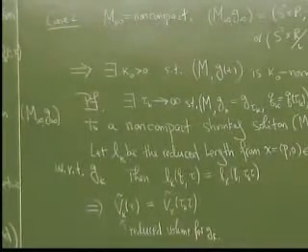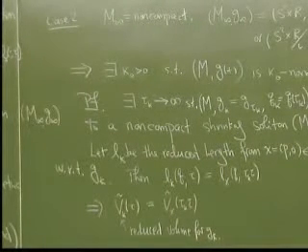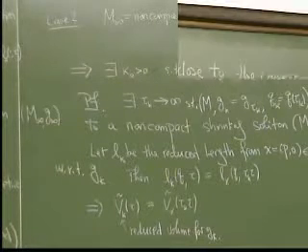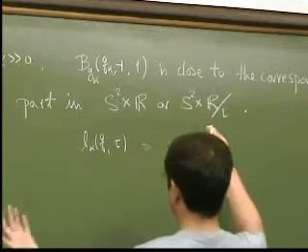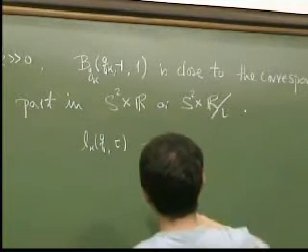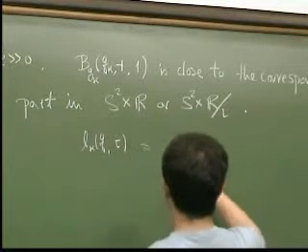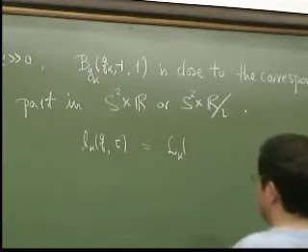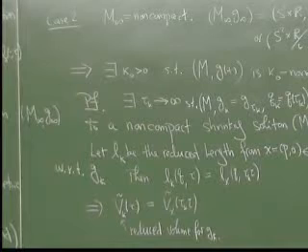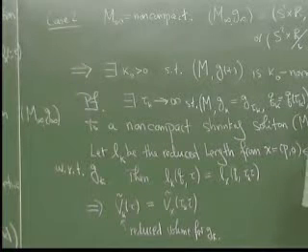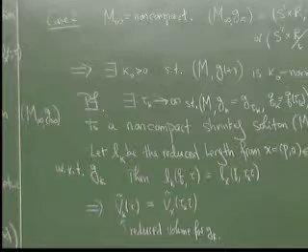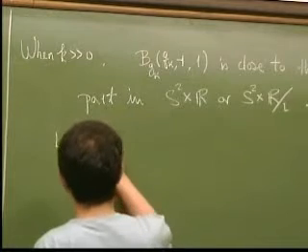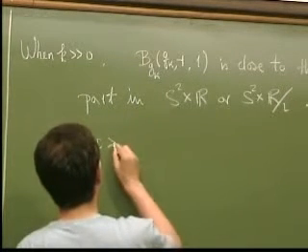So L_k, say if a Q of a tau, which is less or equal to the length of corresponding geodesics of g_k. Let tau be bigger or equal to 1.